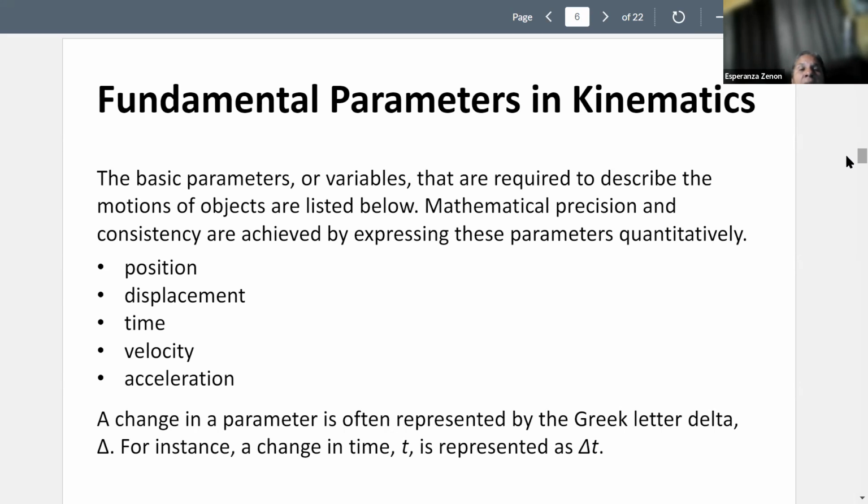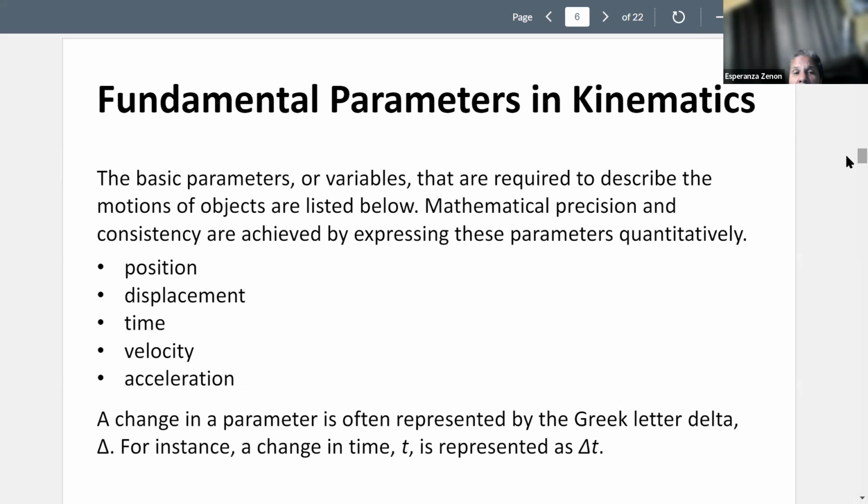Okay. Now, it's kind of inherent and you don't really think about it too much, but obviously if we're describing a moving thing, something's changing. Either its position is changing, its velocity is changing, most definitely time is changing, because we know that's the one thing that keeps moving no matter what, right?